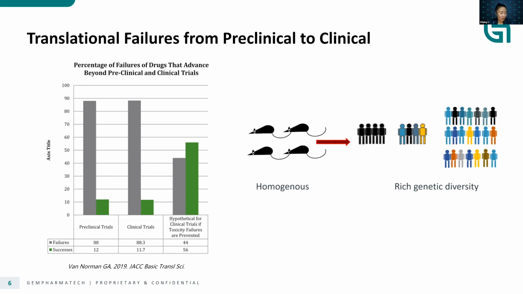So as a mouse provider and preclinical service provider, we were thinking about what we can do to contribute to this theoretical success that we may be able to achieve in the future. One thing we realized is that inbred strains of mice are very homogeneous. That's the beauty of them. At the same time, they do have limited genetic diversity, which is in contrast to the human population.